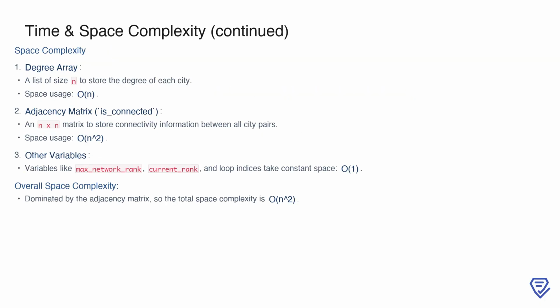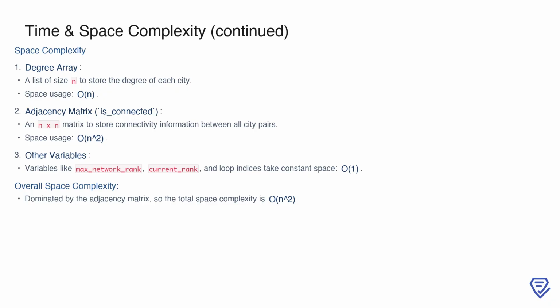Now let's look at space complexity. The degree array, which stores the number of roads connected to each city, requires O(n) space since it has one entry for each city. The adjacency matrix, which tracks connectivity between city pairs, is an n x n matrix. Storing this matrix requires O(n²) space, as it contains an entry for every possible city pair.